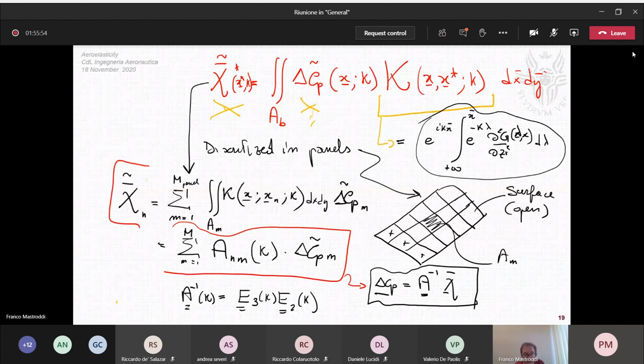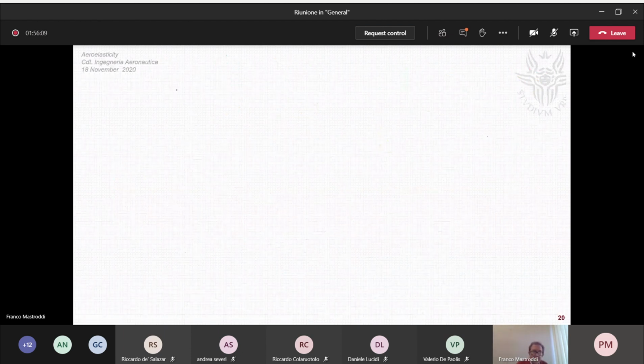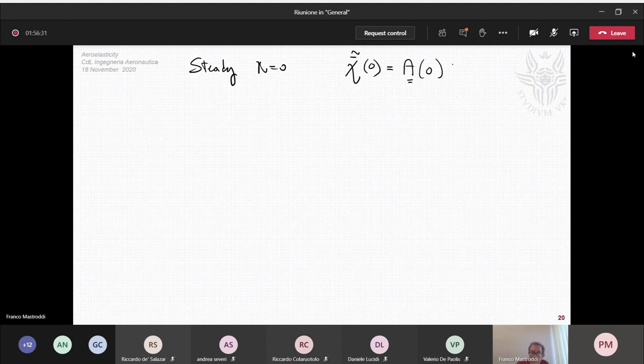This theory is known also as the lifting surface theory, or Vasinger theory in the steady case. For the steady case, K equal to 0, you have that the steady value of the normal wash at 0 frequency is equal to the matrix A at 0 frequency, giving you the delta Cp at 0 frequency.